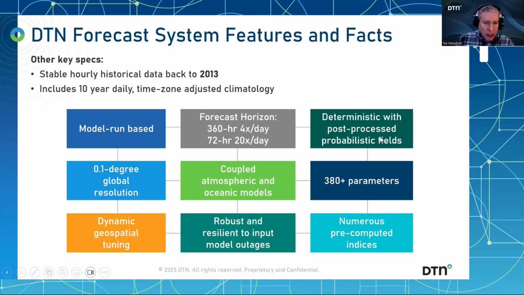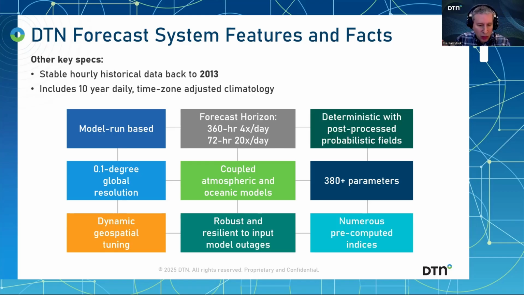The main outputs from our forecast system are deterministic output, but we also have a number of probabilistic fields, which was covered in some of our previous episodes in this series. Currently, and I just checked, we're up to about 380, almost 390 different output parameters.